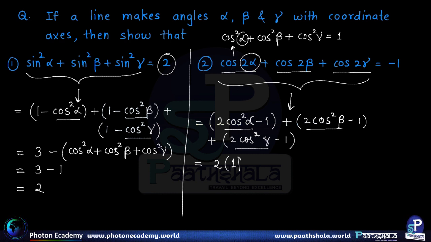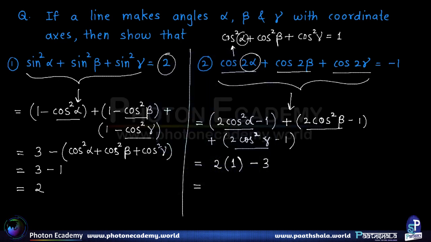Hence we have 2 into bracket 1 minus, when you collect the 3 minus 1 terms they give us minus 3, and hence we get 2 into 1, that is 2 minus 3, that is equal to minus 1. That is the right answer. That proves the required result.